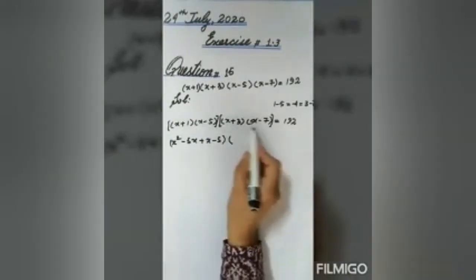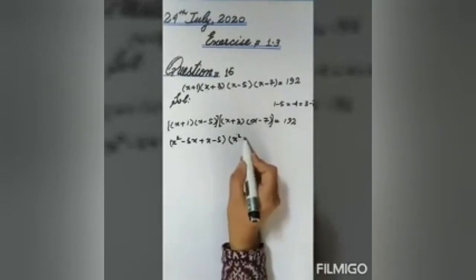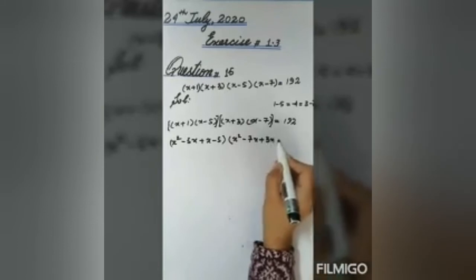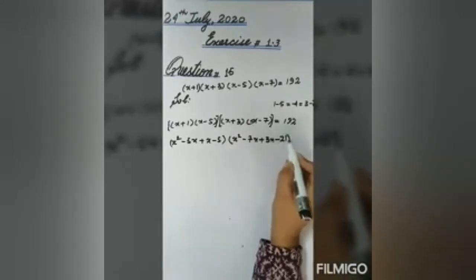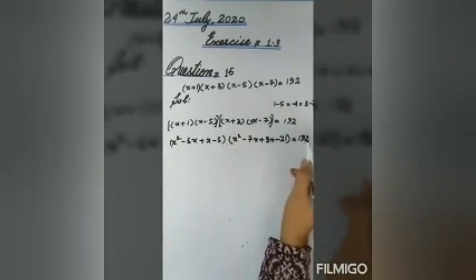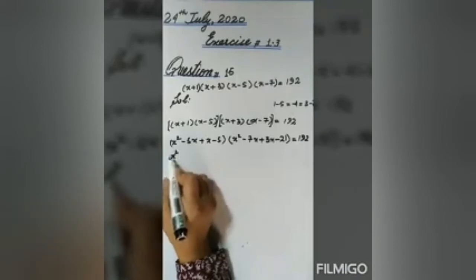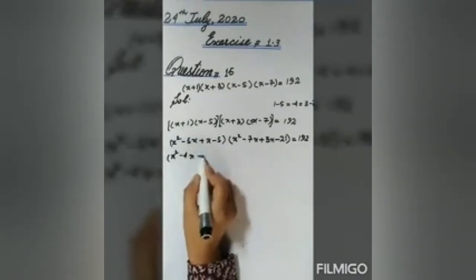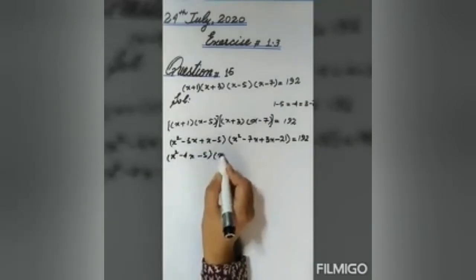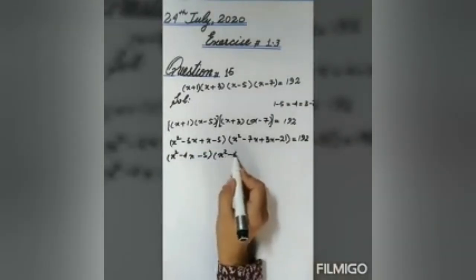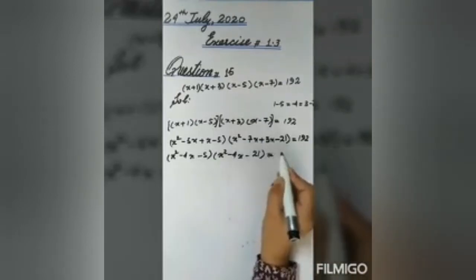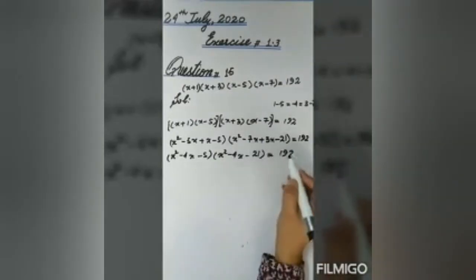Multiply these two: x square minus 7x plus 3x minus 21 equals 192. Now simplify it: (x square minus 4x minus 5)(x square minus 4x minus 21) equals 192.